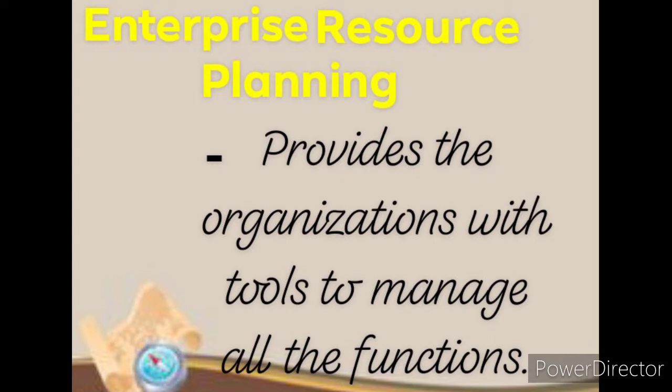Now, the role of information technology helps to increase the efficiencies of enterprise resource planning. Mao ni ang process nga mag-gather ug organize sa business data through an integrated software suite.